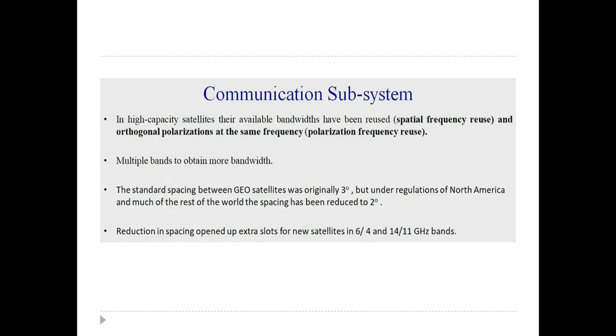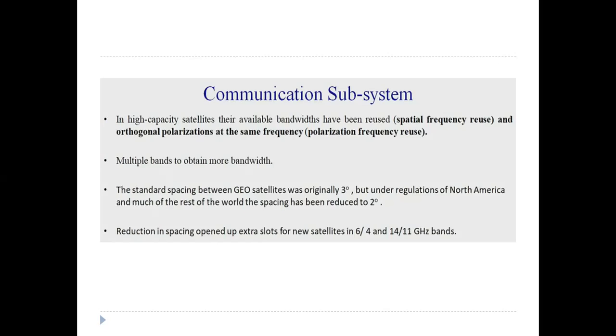The standard spacing between GEO satellites was originally set at 3 degrees, but under regulations covering North America and much of the rest of the world, the spacing has been reduced to 2 degrees. The move to 2 degree spacing opened up extra slots for new satellites in the 6 by 4 and 14 by 11 GHz bands.